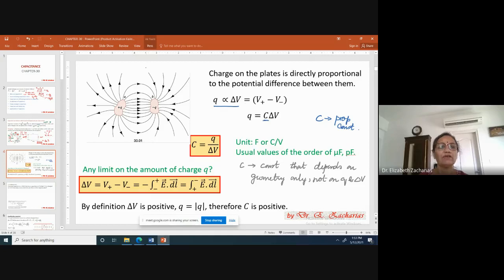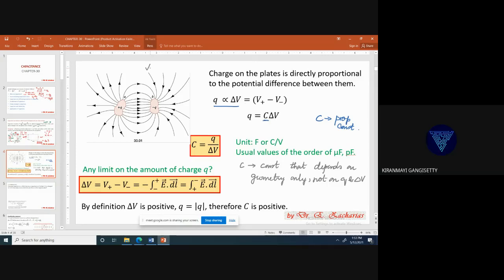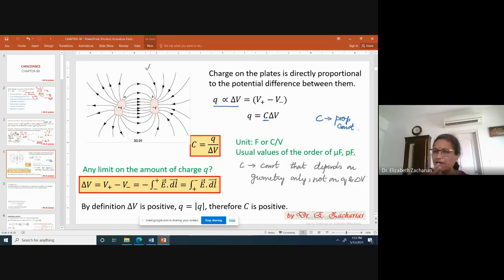Now, this field line representation, does it remind you of some field line representation you have seen previously? Magnetism we have not even studied. In one of the chapters, you have studied a field line representation which looks similar to this.